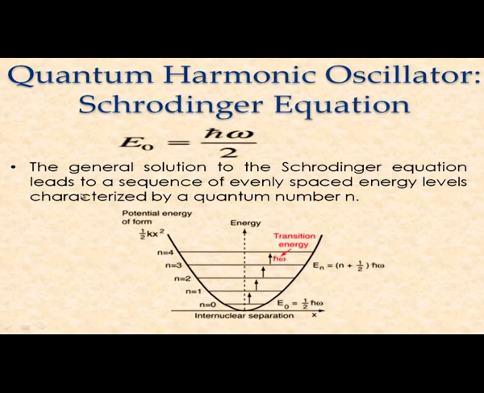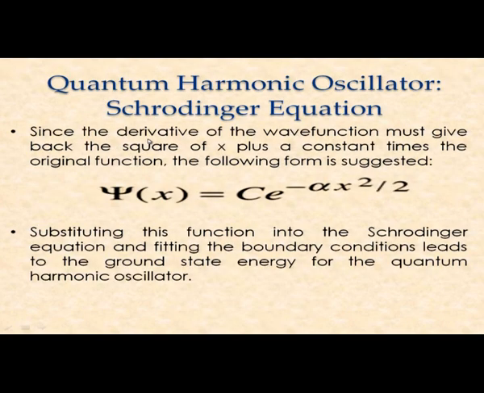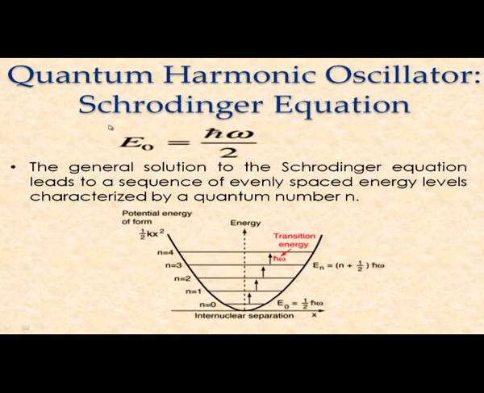So, E naught is equal to h cross omega by 2 is the expression to denote the ground state energy level of a quantum harmonic oscillator. This energy expression came from the wave function. Substituting this wave function into the Schrodinger equation and substituting all the boundary conditions, we will get the expression for energy of the ground state.